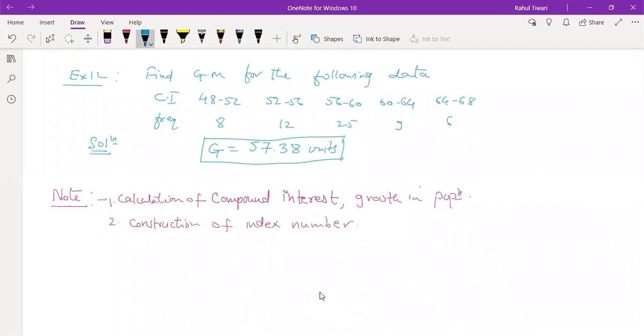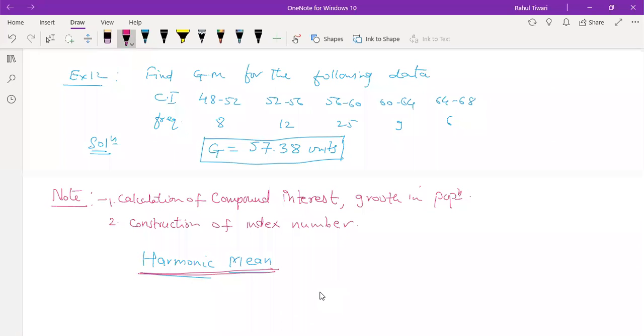Yes, any other question related to geometric mean? Any other question? Yes, Shivani, any problem, any difficulty? Shivani Mishra, is she there? Where did she go? Is she there or not?